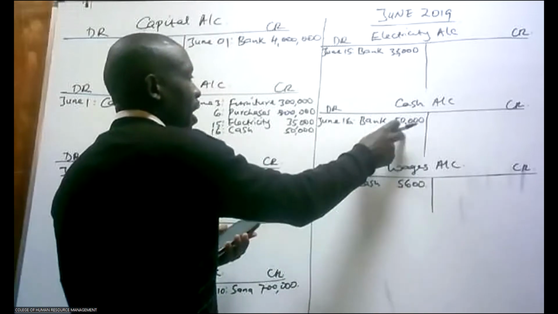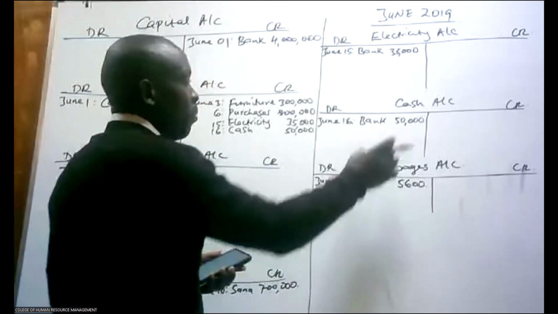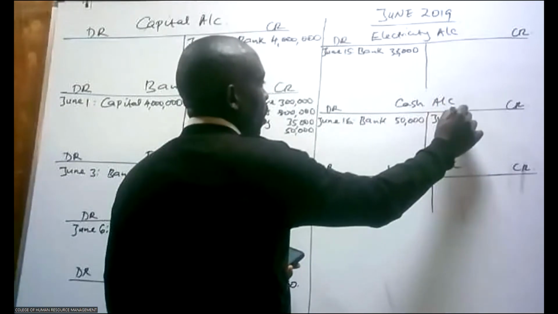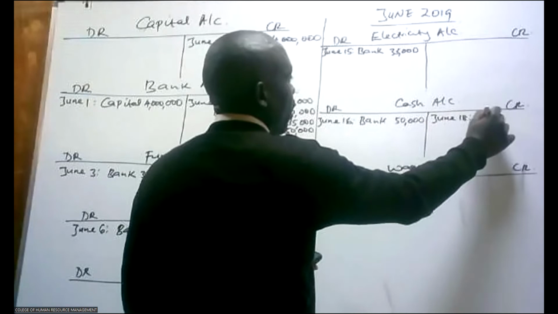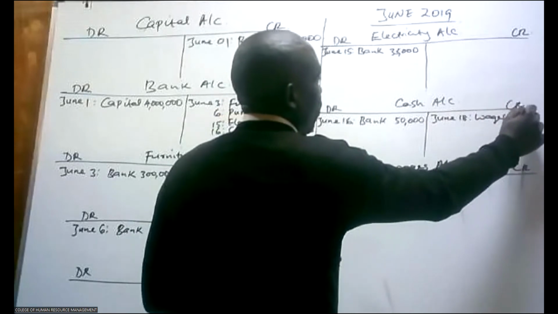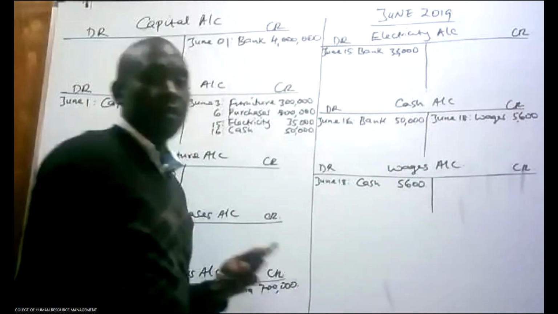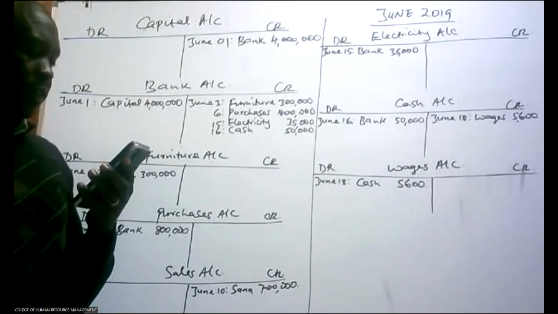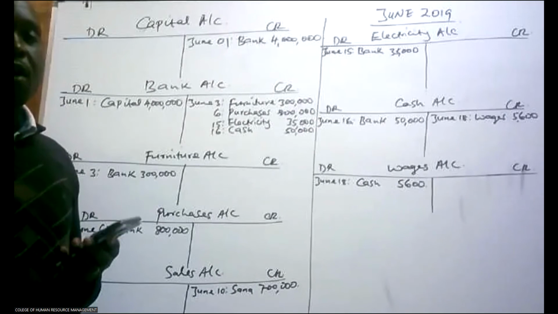That simply means that cash is moving out. We credit. This is June 18th, going to pay wages 5,600.